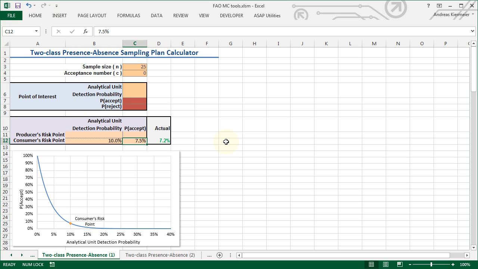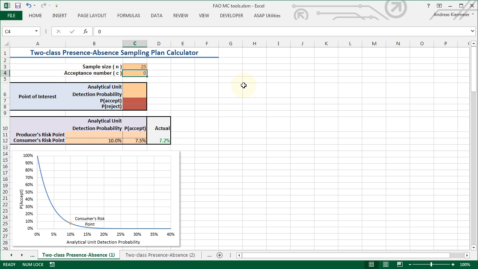In fact, this is the smallest sample size possible to meet this consumer's risk point, because if we change this to 24, we notice that the actual probability of acceptance increases to 8%, which is in turn higher than our desired probability of acceptance. So let's change this back to 25.